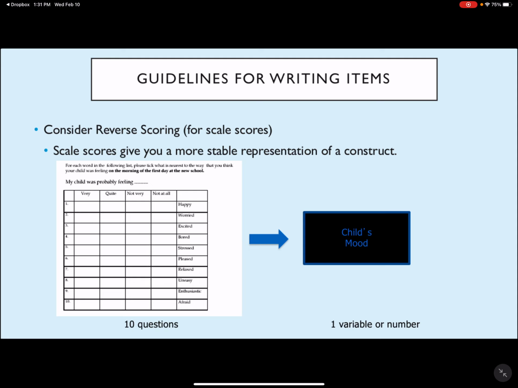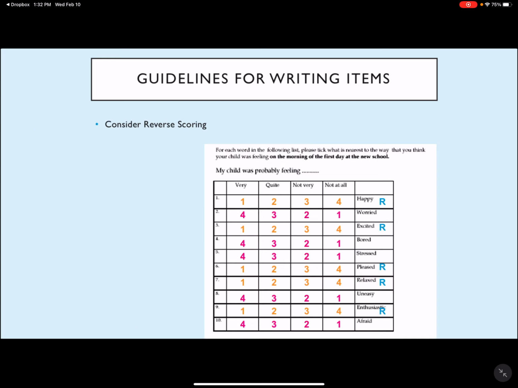If they're very happy and very worried, that's a 4 and a 4, and it shouldn't be that way. If they're very happy and very worried, their mood isn't better or worse. Happy and worried are different emotions, in different directions. Happy's positive and worry's negative, and if I add them together, it doesn't make more happy or more worried, right? Very confusing. So one way you can handle that is what is called reverse scoring.